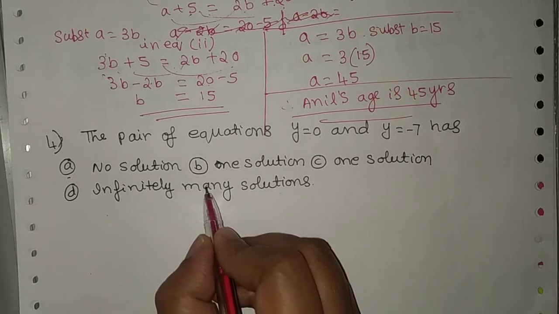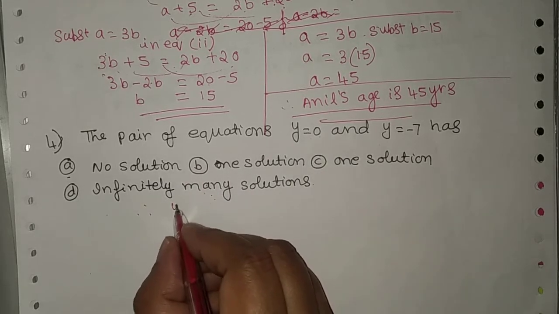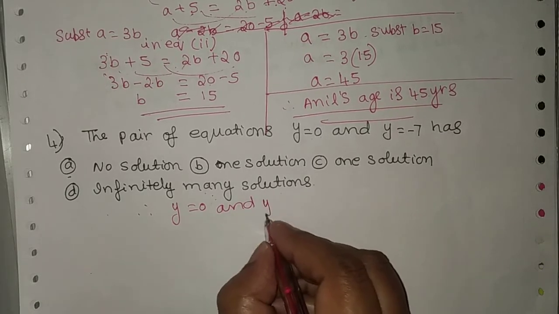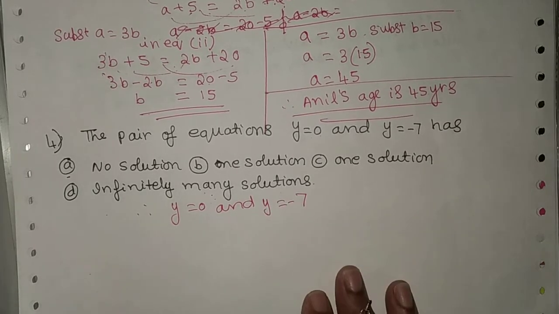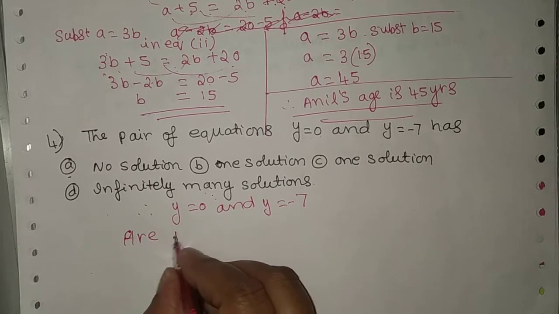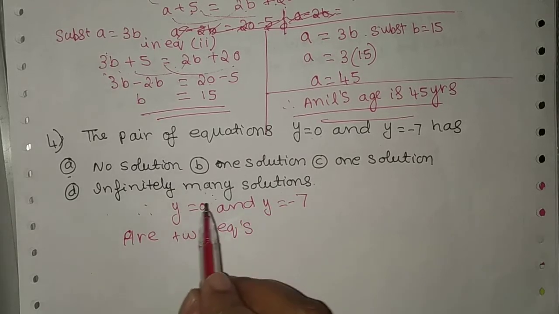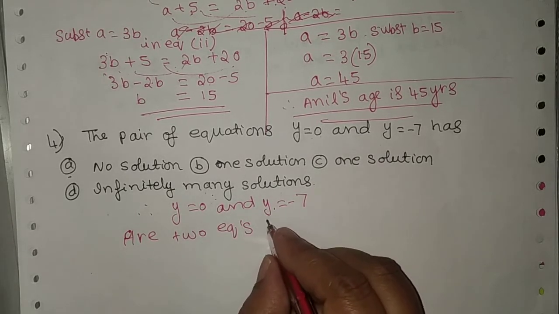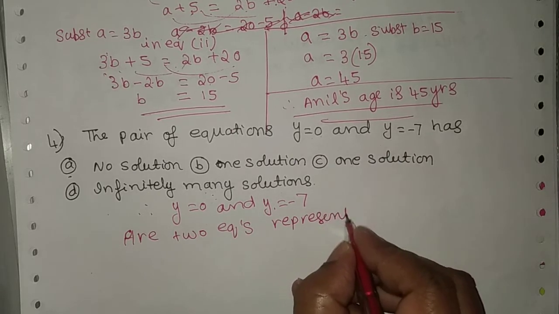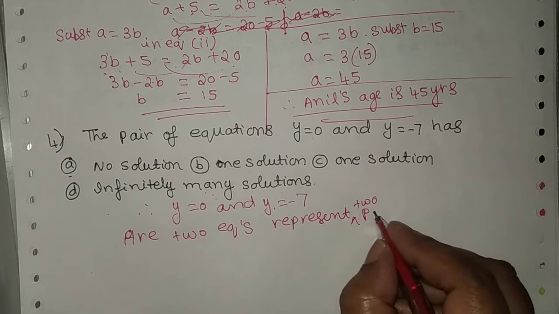We just write, these are the two equations, that is y is equal to 0 and y is equal to minus 7. These two equations always represent parallel lines, two parallel lines.